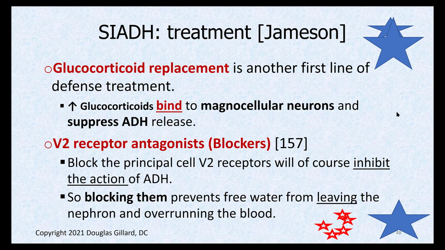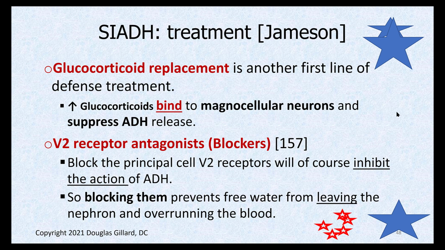This is always confusing. About 10% of people usually get this question right. So glucocorticoid replacement therapy is another important treatment for SIADH. Now, how in the world can giving someone glucocorticoids affect this whole story?